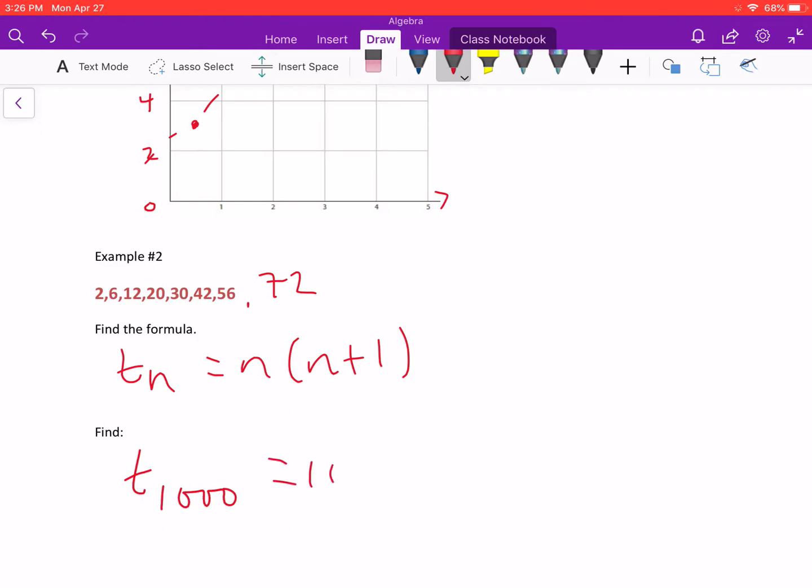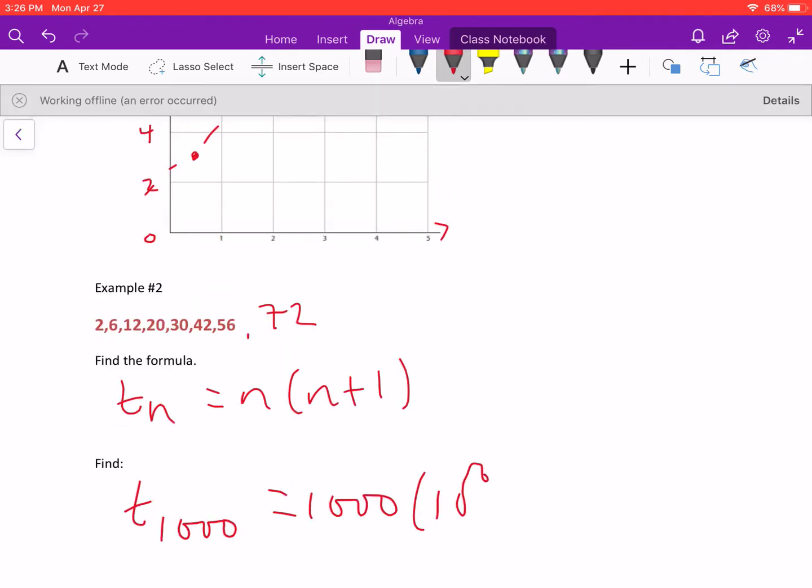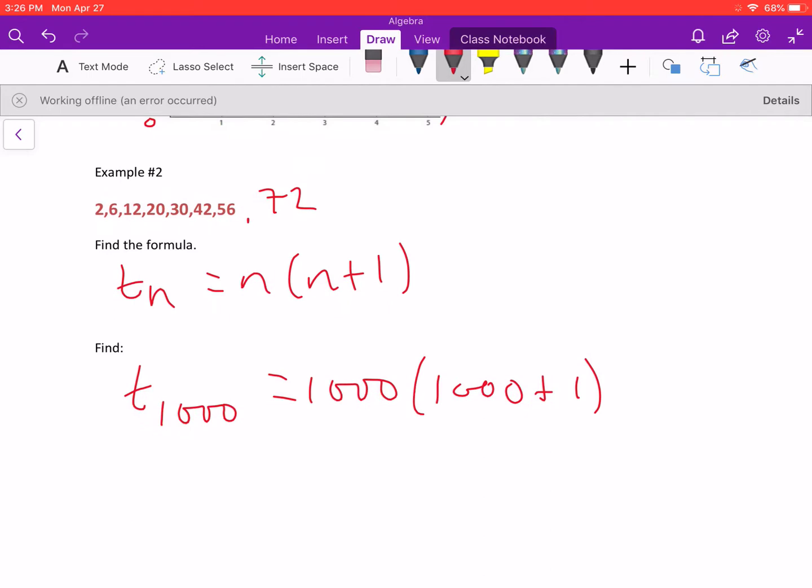So then I would write 1,000 times 1,000 plus 1, which is 1,001. And if I plug that into a calculator, I come out with 1,001,000. And that would be the 1,000th term in that sequence.